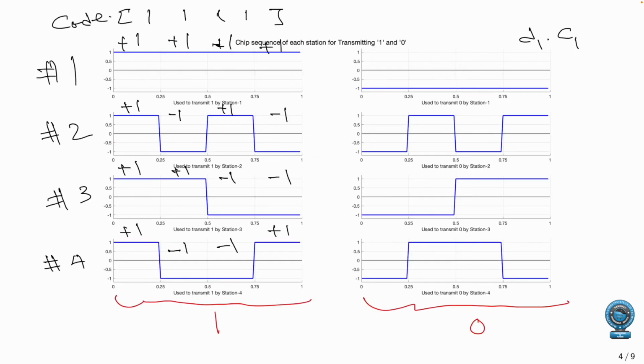Rather, now all these waveforms can be represented by variables like this. If D1 is positive, it just sends C1. If D1 is negative, then the negative C1 is sent. Likewise, station 2 uses D2 into C2, station 3 uses D3 into C3, and this one uses D4 into C4.